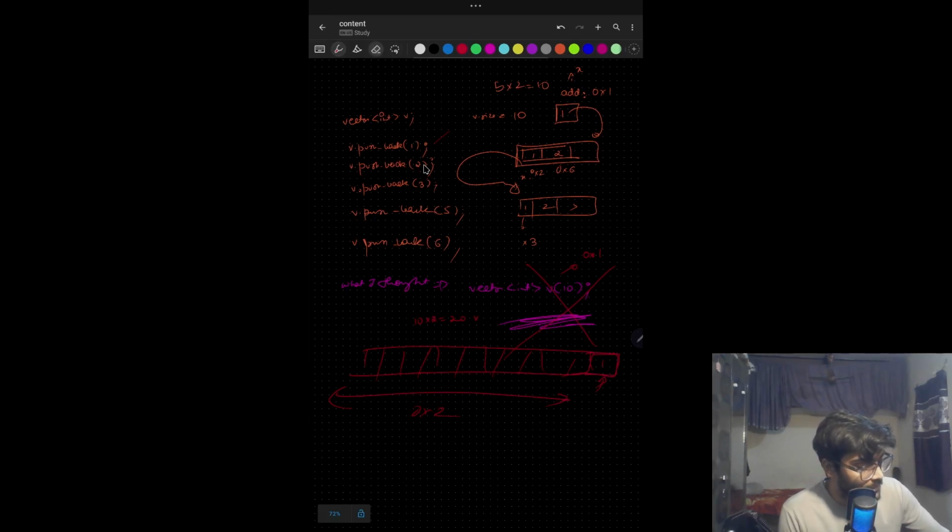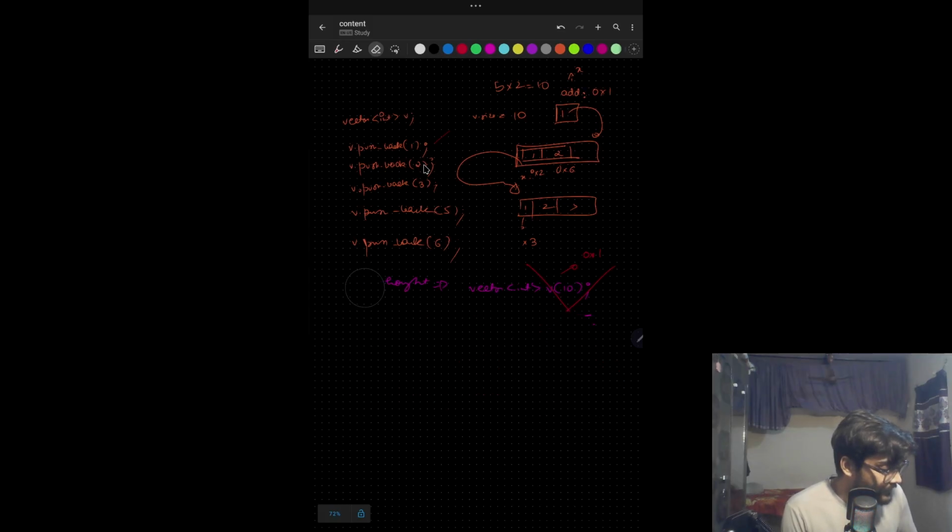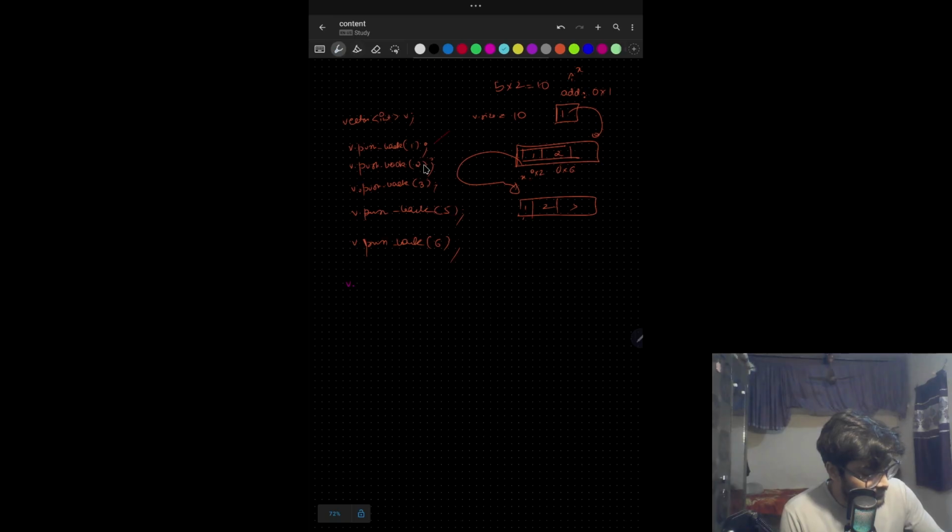What we should actually do, what C++ and HFT devs and everyone wants to see, is a very easy thing, the simplest thing ever. v dot reserve, and any size.